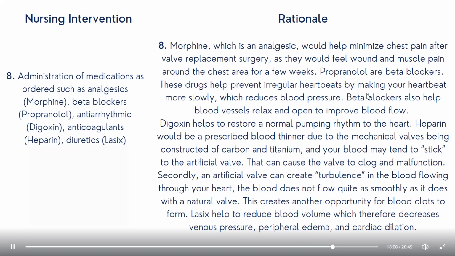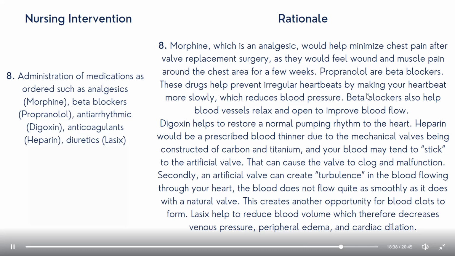The rationale: morphine, which is an analgesic, would help minimize chest pain after valve replacement surgery, as they would feel wound and muscle pain around the chest area for a few weeks. Propanol or beta blockers: these drugs help prevent irregular heartbeats by making your heart beat more slowly, which reduces blood pressure. Beta blockers also help blood vessels relax and open to improve blood flow.